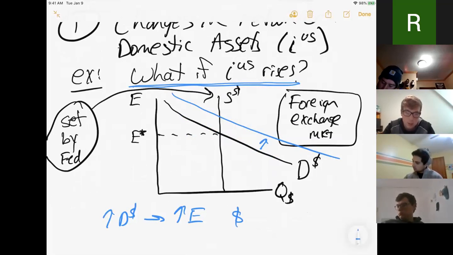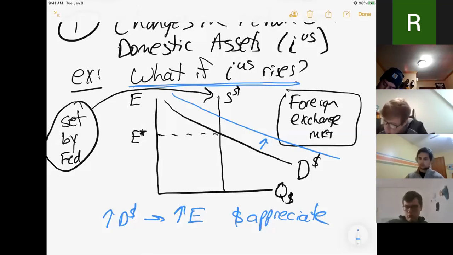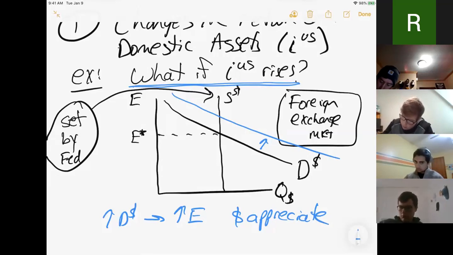In other words, the dollar is going to appreciate. So when interest rates go up in the US, that tends to appreciate the dollar. Hopefully this is pretty straightforward, because this is essentially straightforward supply and demand.